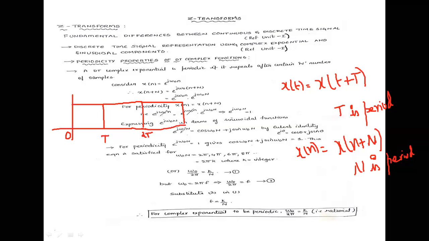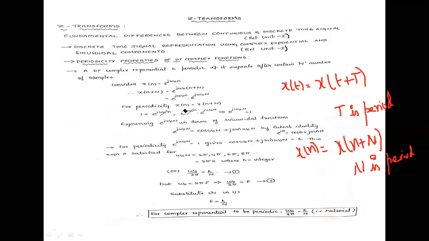For every T samples, the signal repeats. We can call it the periodicity property of the signal x of t.